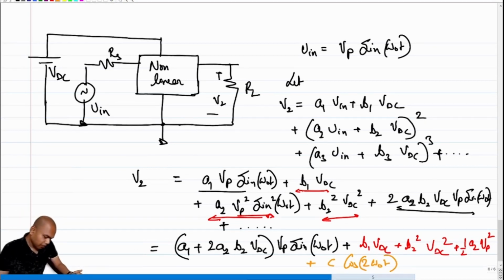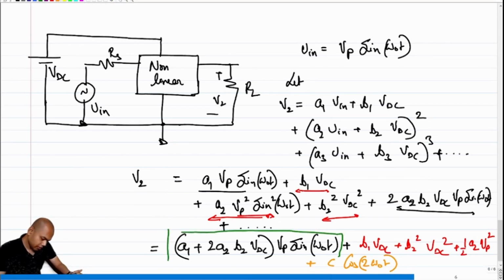Okay, so now if we stare at these terms, what do we see? We see that there is this nice term over here which is proportional to sine omega naught t, but it is appended with A1 plus 2 A2 B2 VDC.